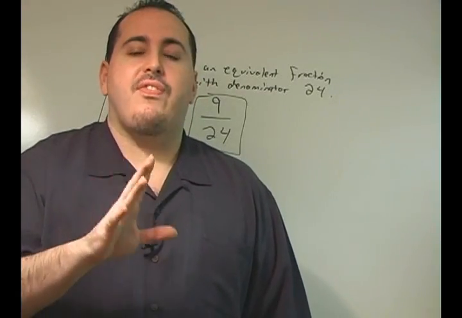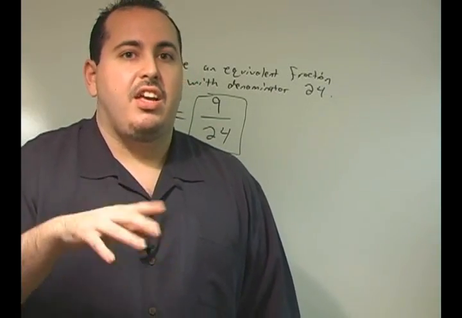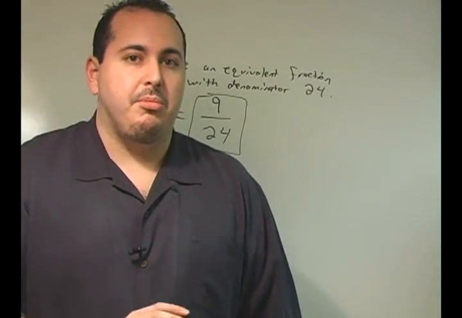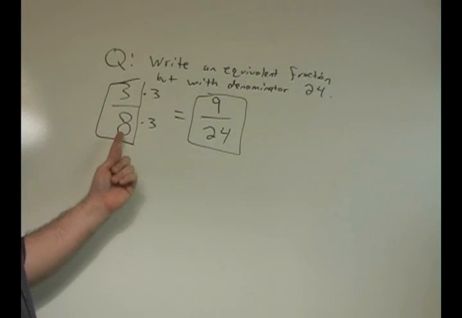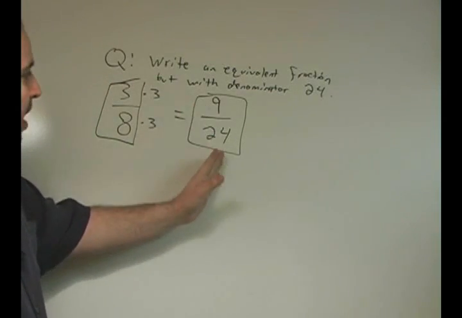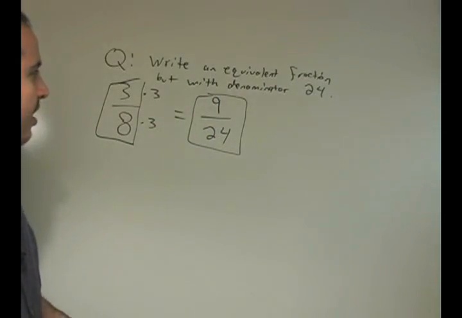And if for some reason you don't like the denominator of your fraction, you could multiply the top and the bottom by some number and change the denominator, just like we did in this case where we changed a fraction with denominator 8 to the same number, but with a different denominator. The denominator is 24.